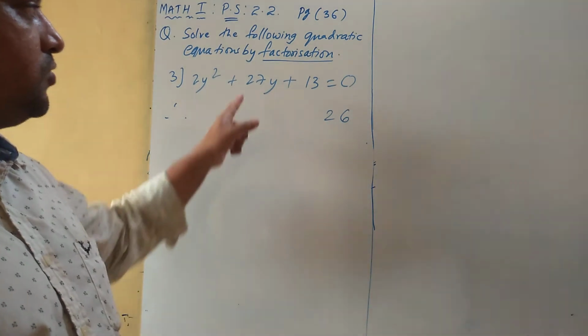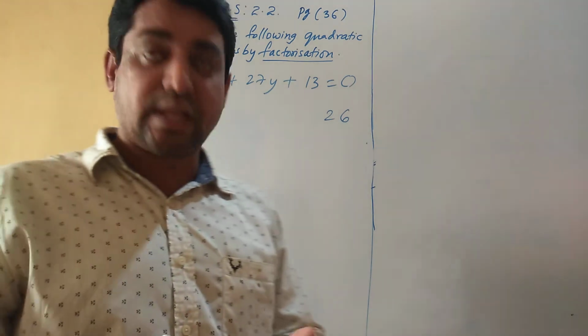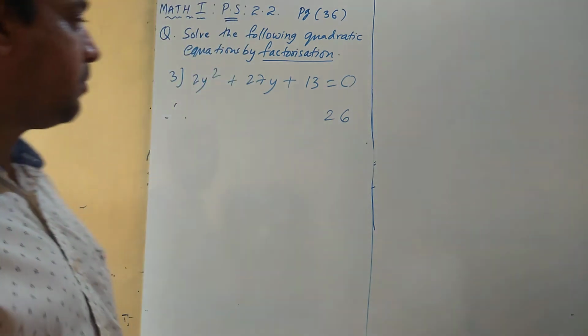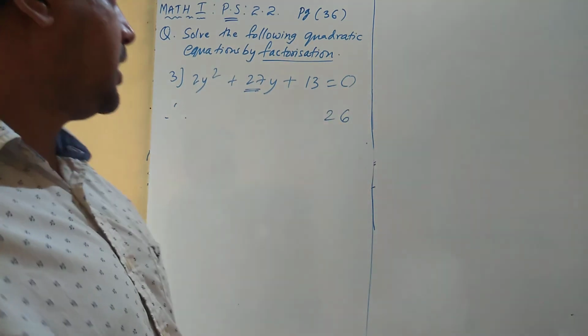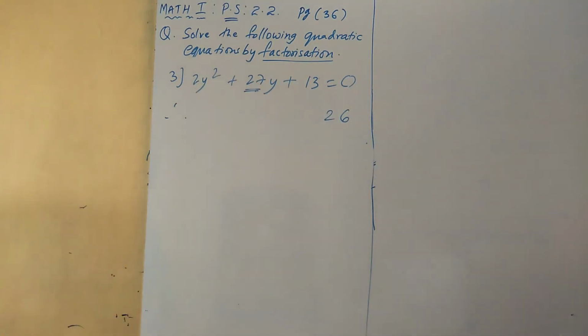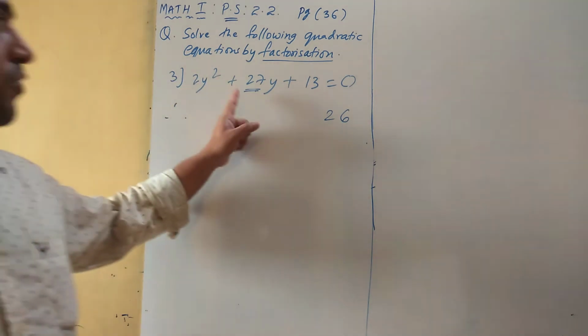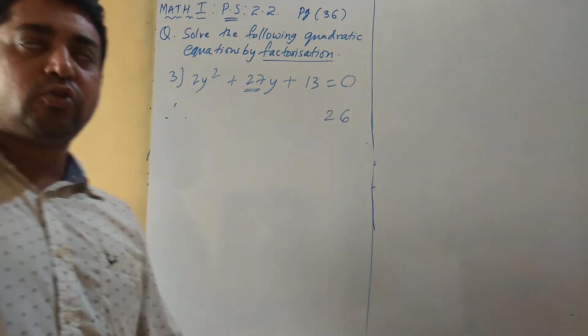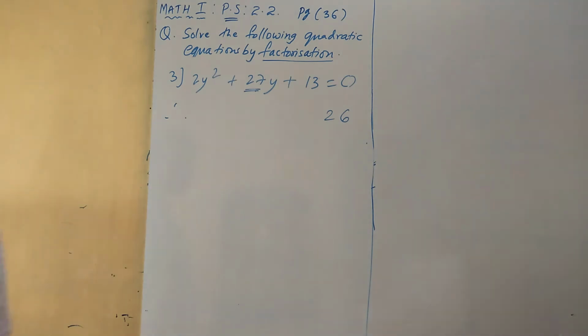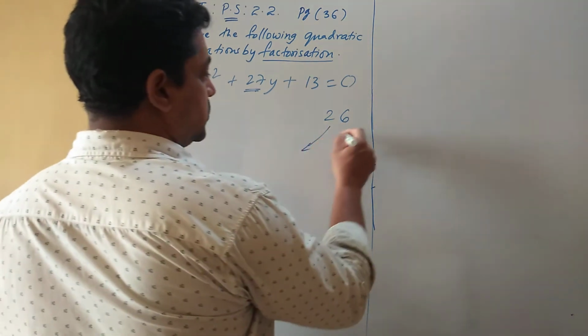So it's very easy. You can see the middle term has the number 27y. That means you have to split 27 in such a way that when you add the parts, you get 27, but when you multiply them, you get 26. So you have only two options.